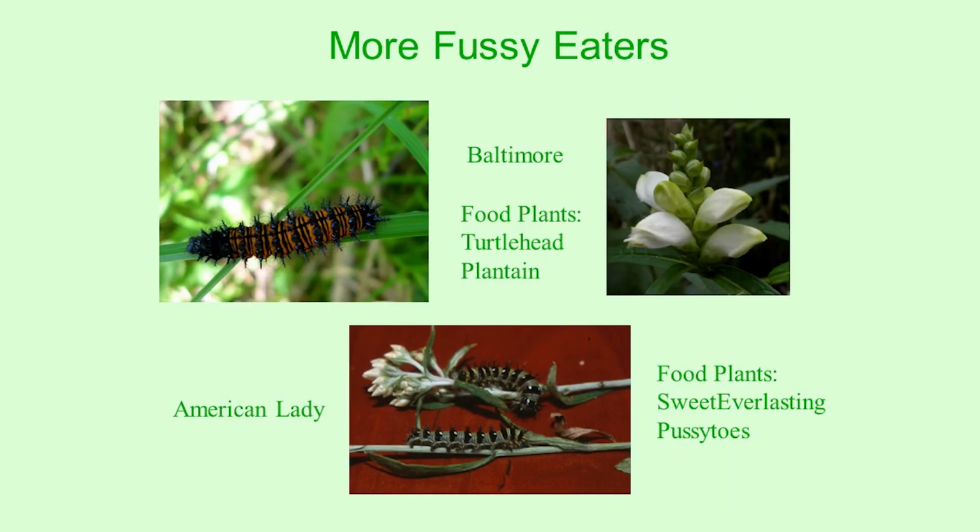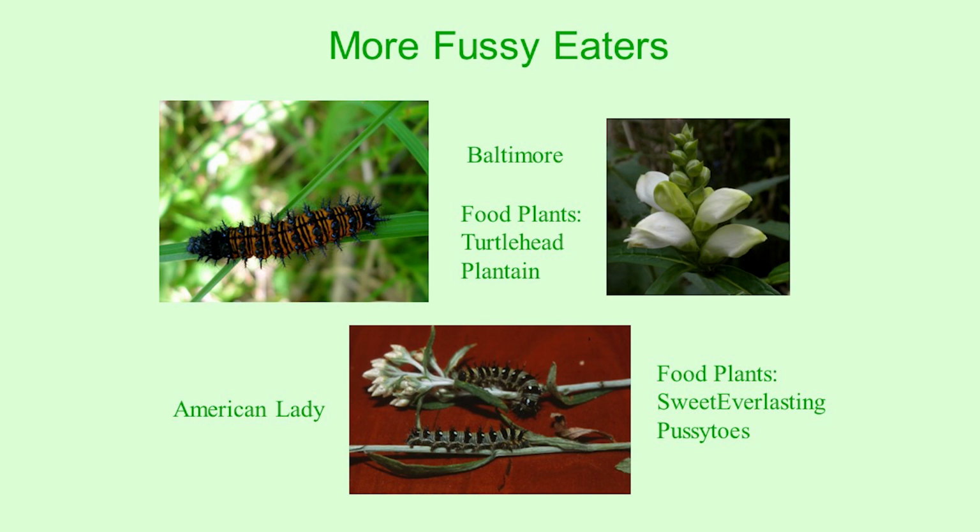Another more fussy eater is the Baltimore butterfly caterpillar. Its food plant is turtlehead or plantain, but the one that is most commonly known is the turtlehead. For the American lady butterfly, the food plants are sweet everlasting and pussytoes.